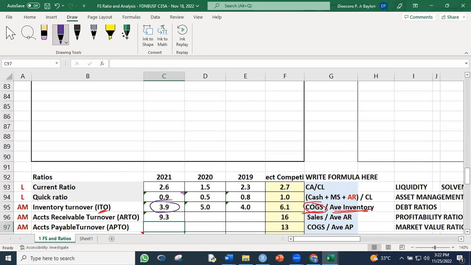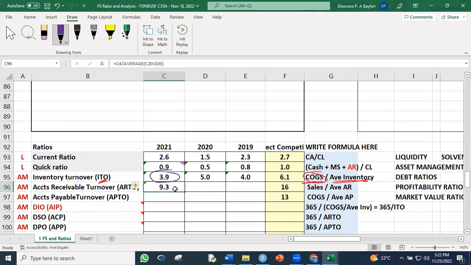Okay, so I'm getting a 9.3. Copy this to the right: 9.3, 11.9, and 9.8. Taking a look at it year on year, 2020 seemed to be faster in terms of collecting on our receivables.